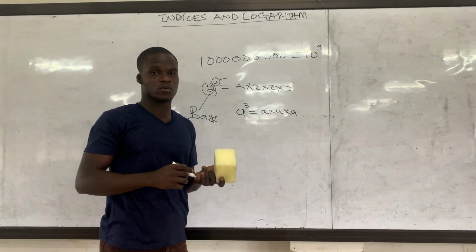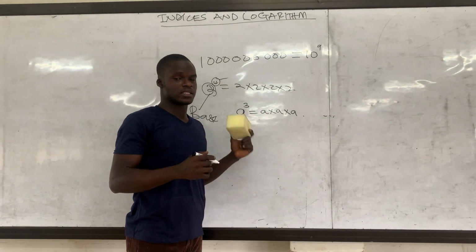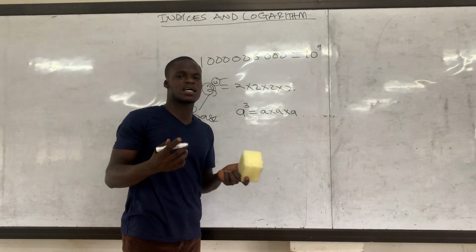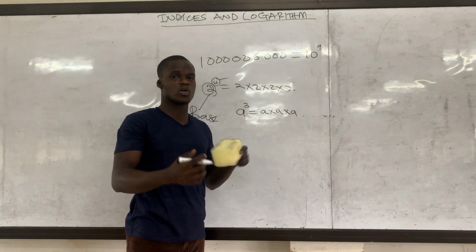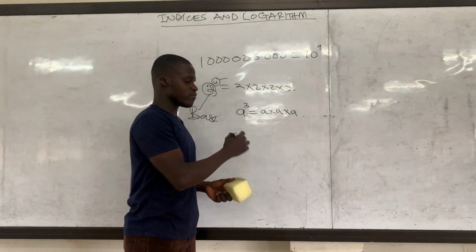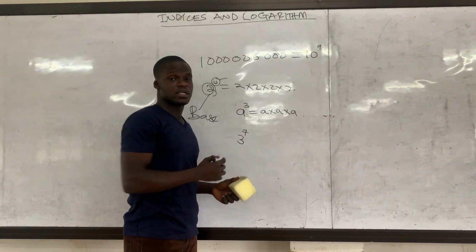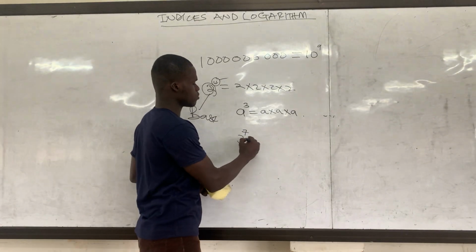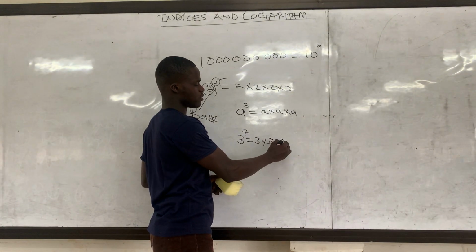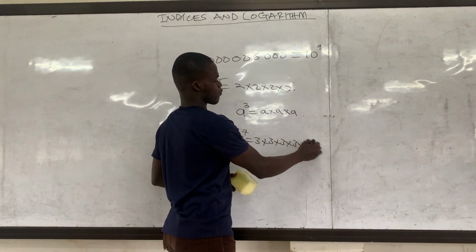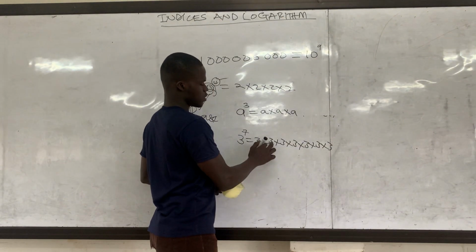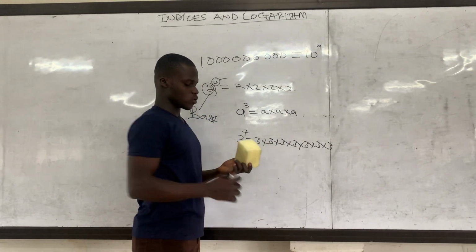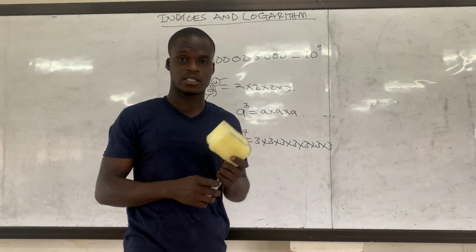That's by the definition of indices: you multiply the base 3 times. So the exponent tells you how many times you have to multiply the base. If you have 3 exponent 7, it simply means you multiply the base 7 times, so this will be equal to 3 times 3 times 3, and so on: 1, 2, 3, 4, 5, 6, 7. You multiply the base 7 times.